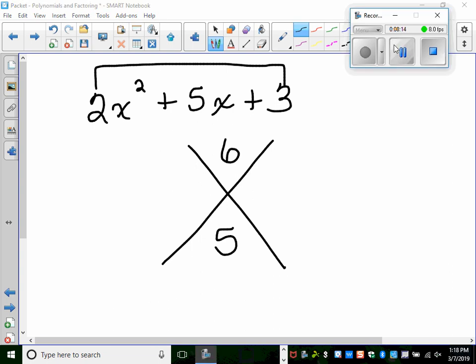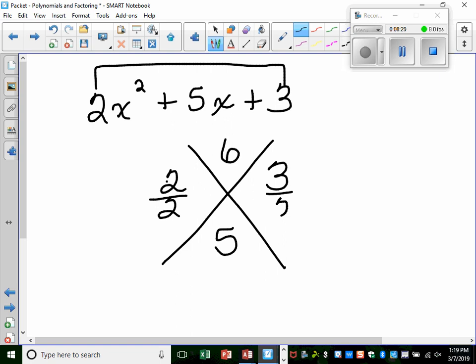Okay. 2 and 3. All right. So 2 and 3, or you can write 3 and 2. Doesn't matter. Okay. Then we divide it by the a term. What's my a term? 2. Okay. We reduce 2 over 2 to 1 over 1. Okay, and we cannot reduce 3 over 2.